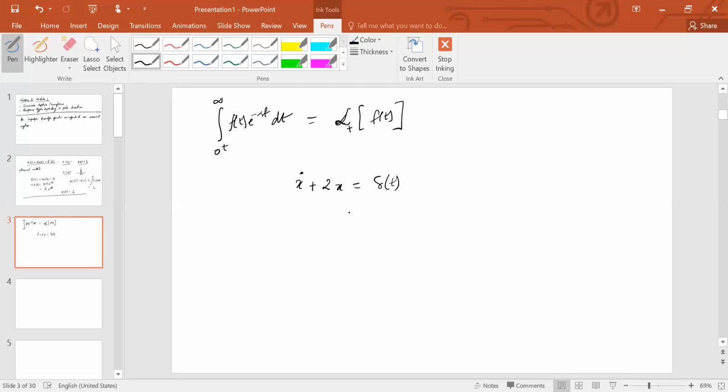Now, if you're taking the Laplace transform from 0 plus, remember that beyond 0 plus, this term has no contribution. So you again land up with the same situation as before. What you will now have is this minus x of 0 plus, remember, because now you're integrating from 0 plus, plus 2Xs is equal to 0.